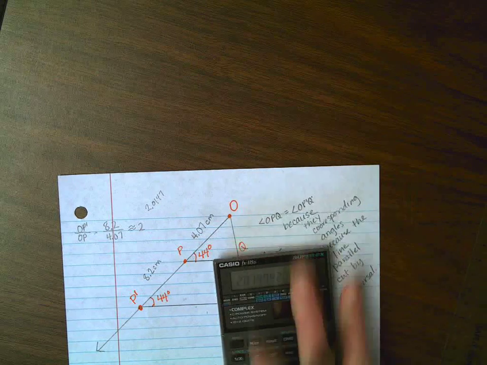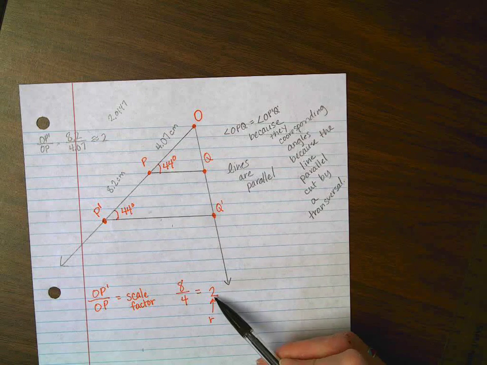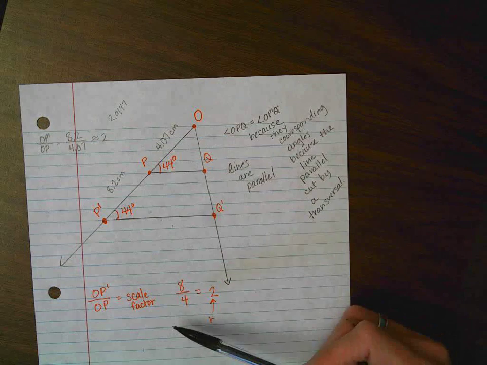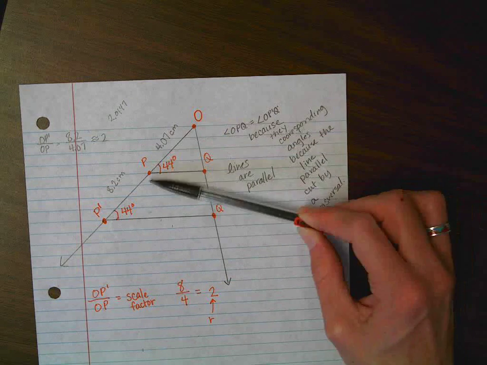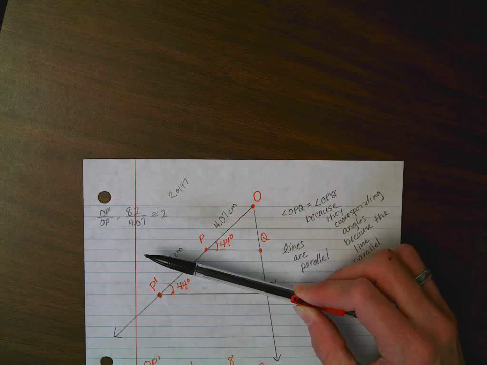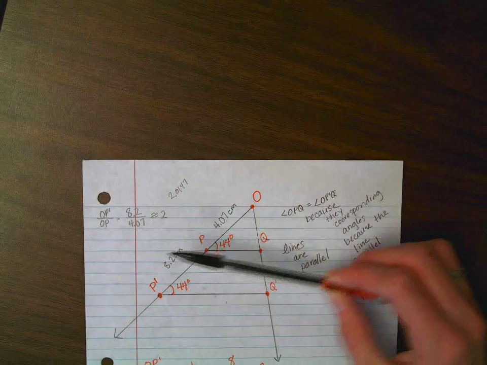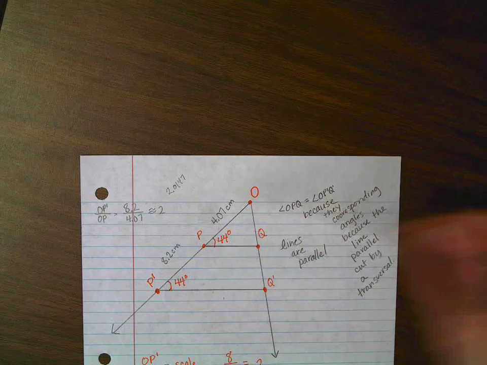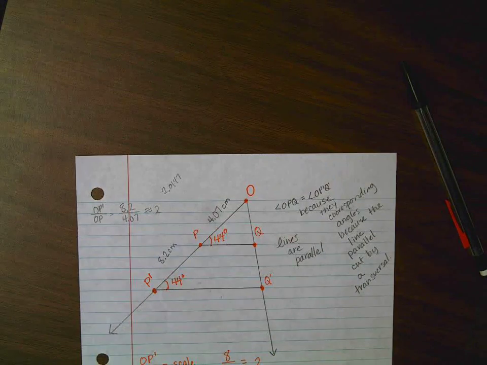It's like 2.0147. So that is very, very close to being 2. So that's 2 different places that we were able to show using the information that we have to come up with the scale factor. The original one was the distances on the lines, and then the more accurate one was actually using the ruler to figure out what the scale factor is. And as long as your scale factor is matching, then you know that you're on the right track.